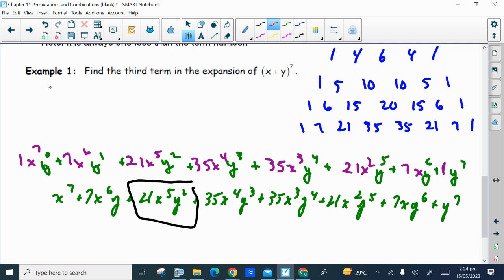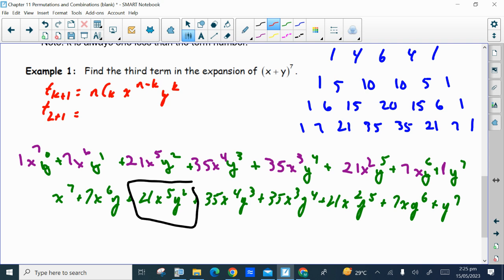So using t sub k plus 1, the k plus first term, is nCk x to the n minus k y to the k. We want the third term, so again, k has to equal 2. To get t sub 3, which represents the third term, using this general term expression, k has to equal 2.